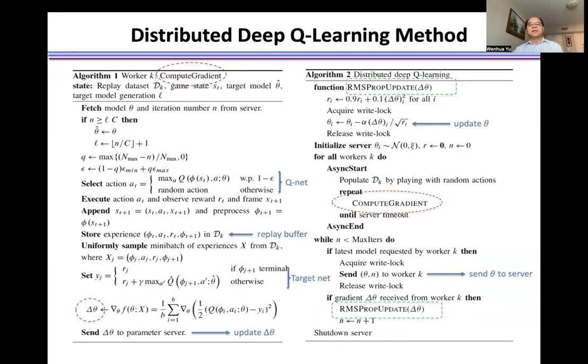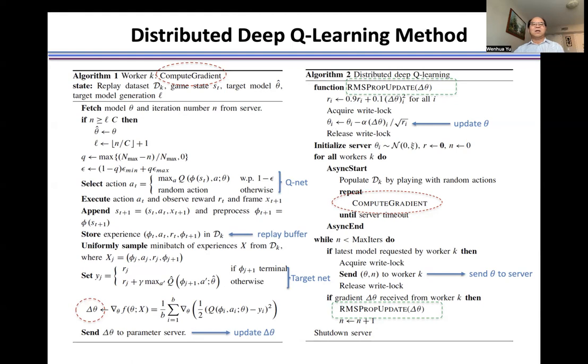The detailed implementation of the distributed deep Q-learning method is here. Roughly, there are two parts. Say this is the parameter server, and this is the model server. The parameter server is responsible for updating the model parameters and receiving the gradient from the model server.